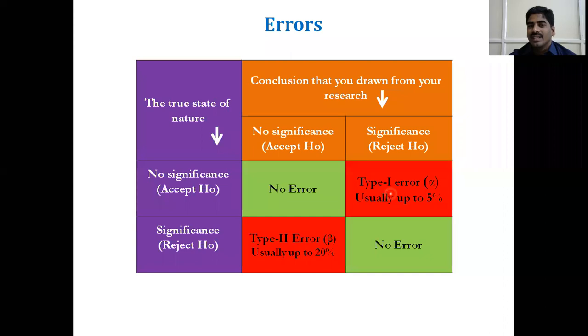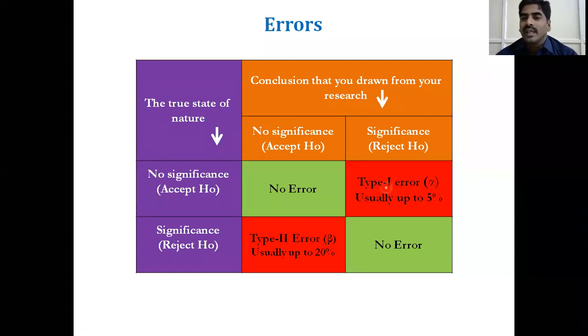But here, there is no significance in nature, but you are proving a significant difference. This is more dangerous, the type 1 error is more dangerous than the type 2 error. We have to reduce these errors as much as possible, so that the quality of your study will increase.